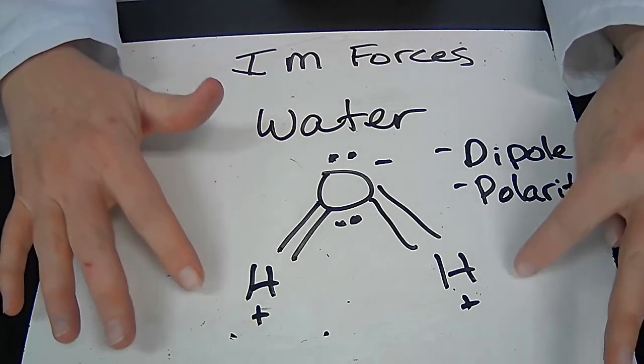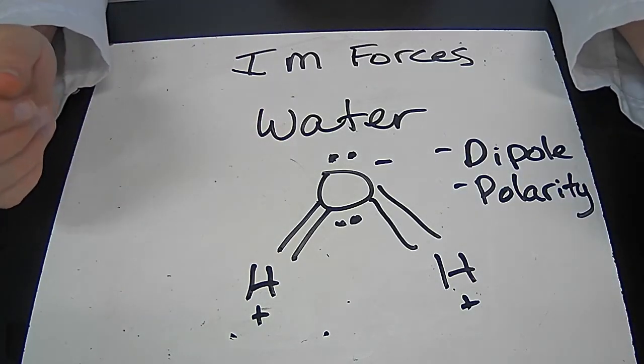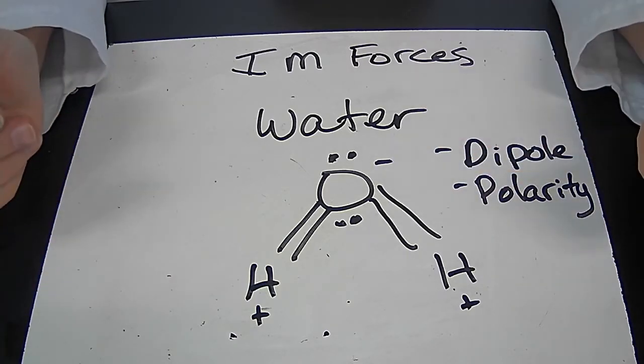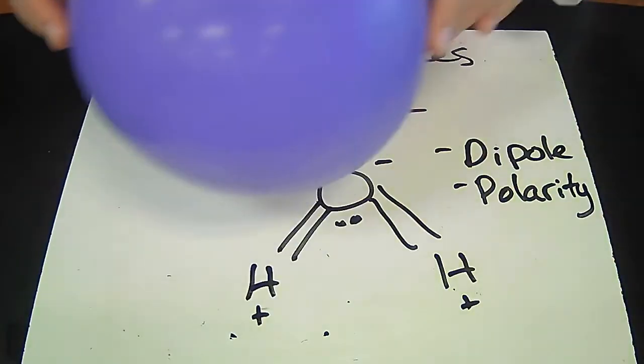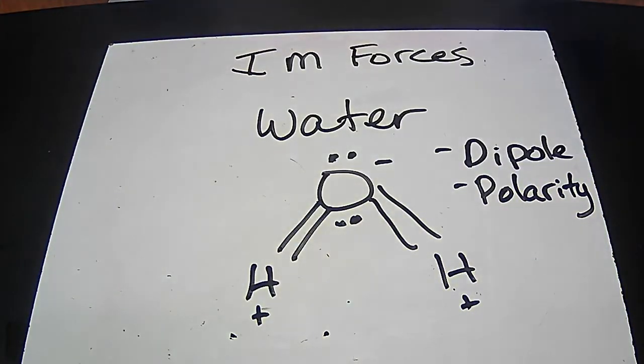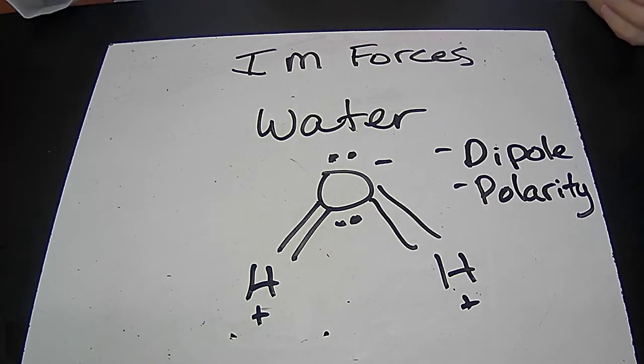So it has a positive side and a negative side, which means it can attract things that also have a charge. So we're going to play with actual static electricity with our balloon. And my daughter's going to help me get the static electricity on here. And we're going to see how this affects water, all right?